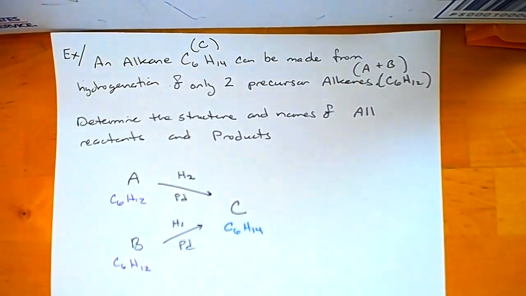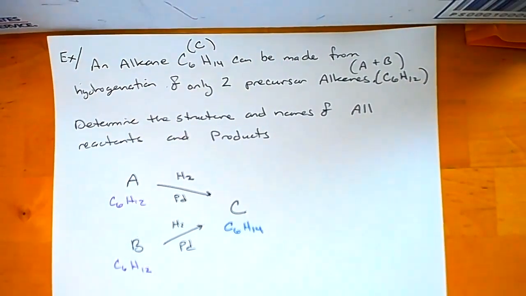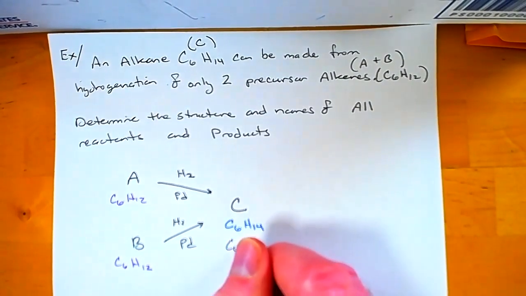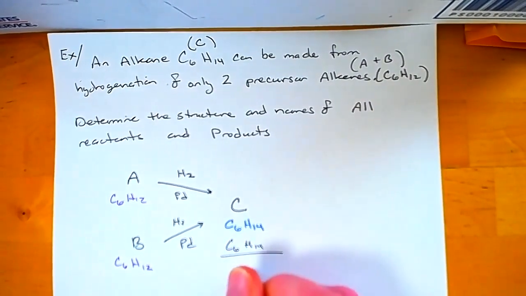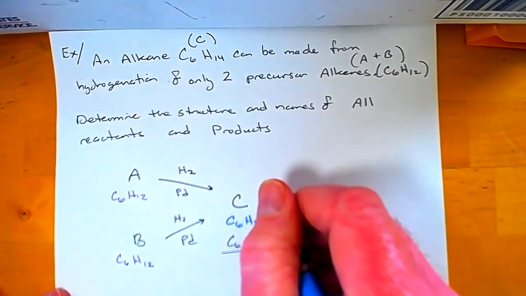Now, this seems like a really difficult question because it doesn't give you a lot of information. But if you remember your IHD rules, you can see right away that C is a fully saturated system, so it's not a ring.